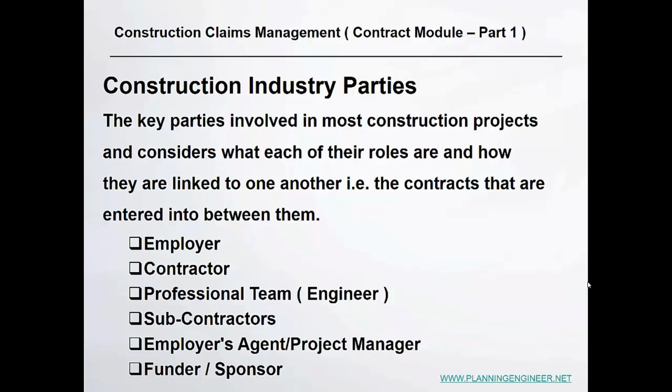Employer's agent or project manager, the employer could assign an organization or a person as a project manager. This could be different from the consultant or the engineer. Funder or sponsor of the project, and they could have a role also in the project. So these are the main parties that could be involved in any construction project.